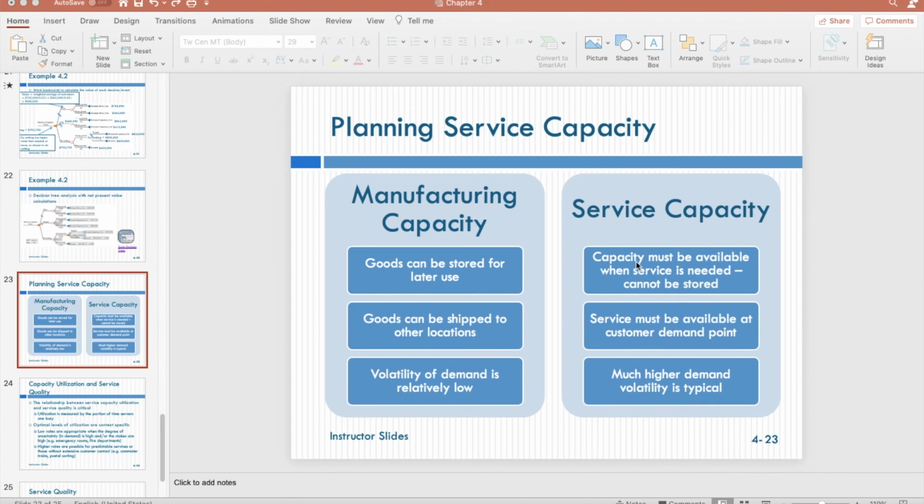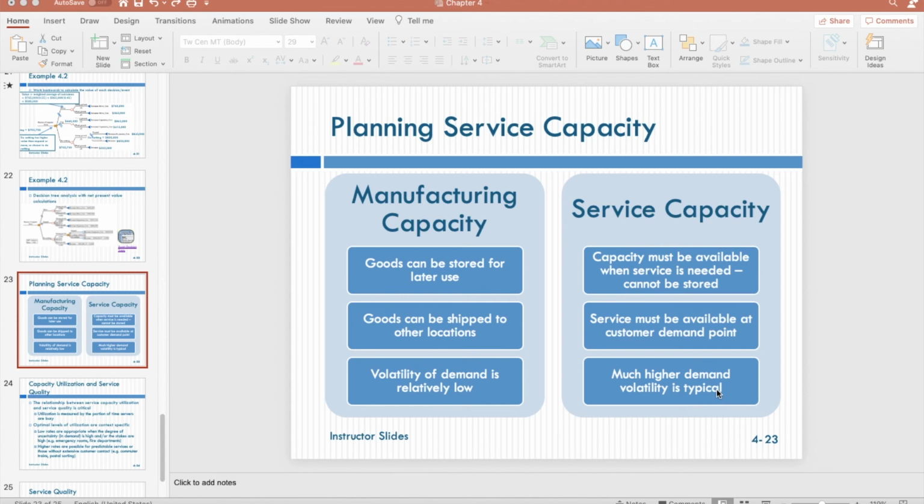Otherwise, if you cannot provide a service, the customer will go away and probably find another place to get the service. Also the service must be available at the customer demand point, and the volatility of the demand will be very fluctuated. Compared to manufacturing, the volatility in service is very high. I think all these things are very logical.